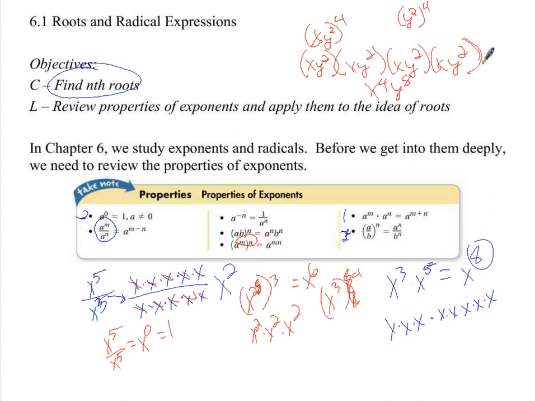This is the long way to write out this property right here. As long as it's strictly multiplication here, and all of this stuff being multiplied together is being raised to a power, then I can send that power in and attach it to each one of those exponents. Technically, that's an a to the 1st and a b to the 1st.